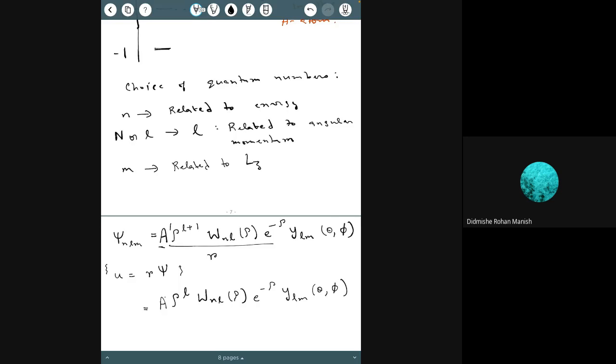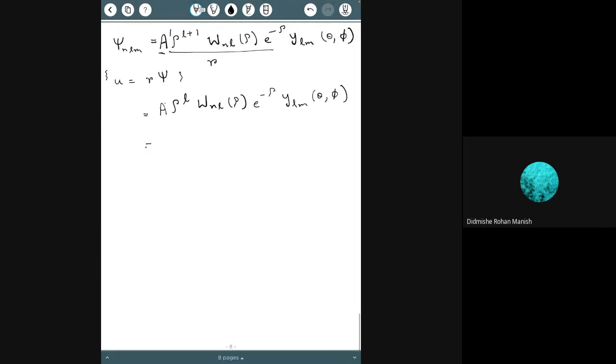This is now my equation, and if I shift now, so I have a ZR by A0 to the power L. Okay. Then W of ZR by A0, e to the power minus ZR by NA0, I believe.